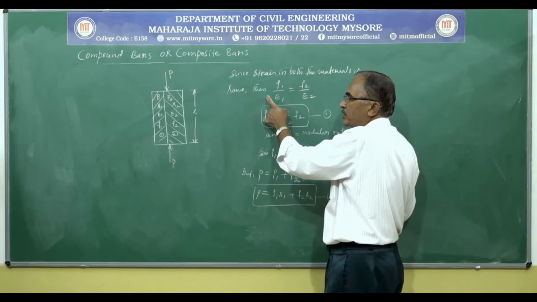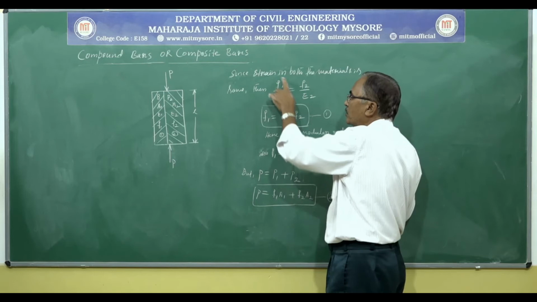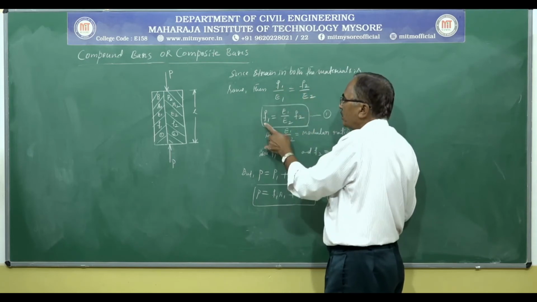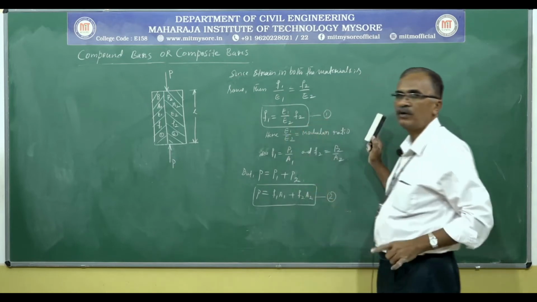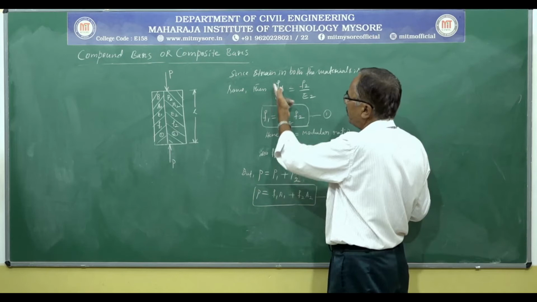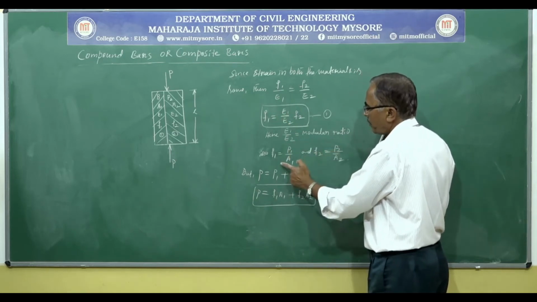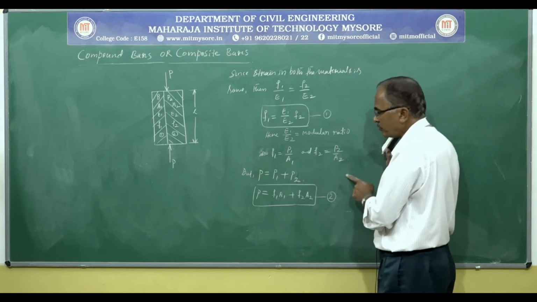Based on that strain concept, we have written F1 by E1 is equal to F2 by E2. It is nothing but longitudinal strain. Then F1 is equal to E1 by E2 into F2, where E1 by E2 is known as the modular ratio. It need not be 1, 2, they are different materials. So direct stresses can be calculated using these relations.